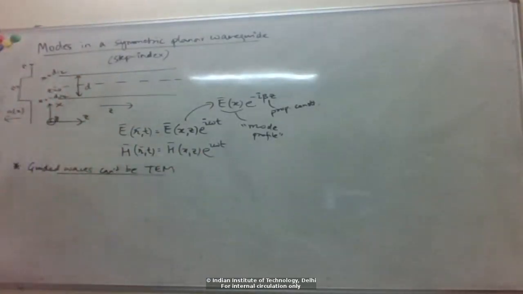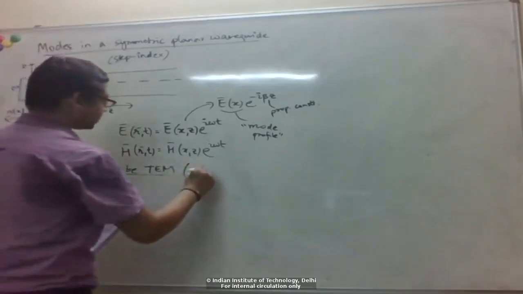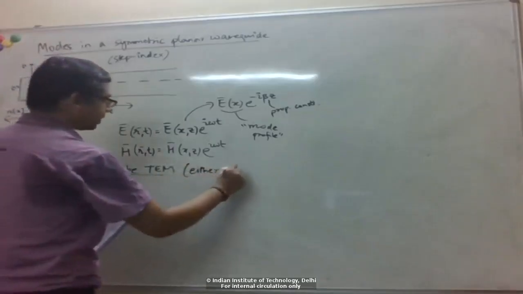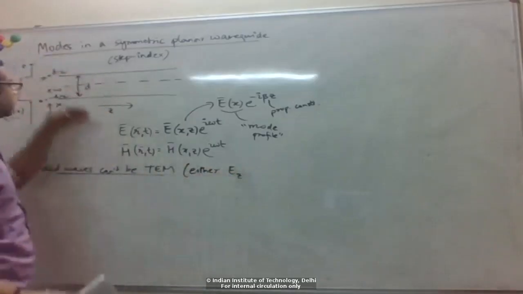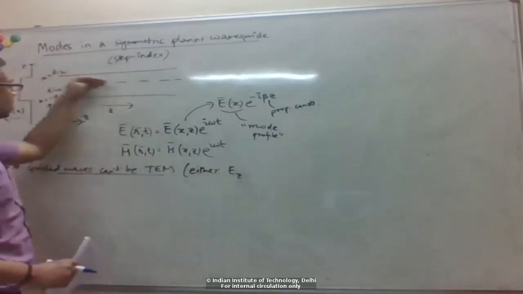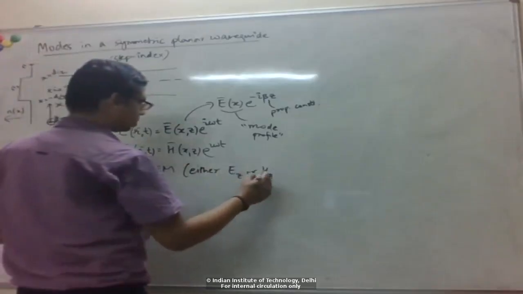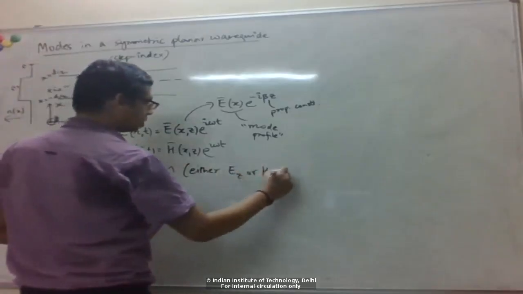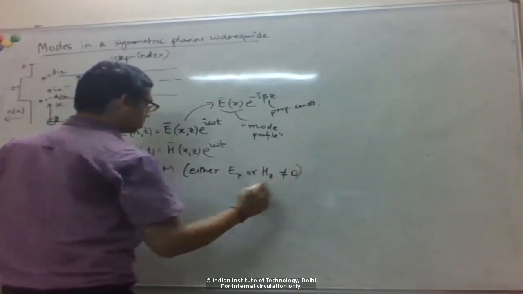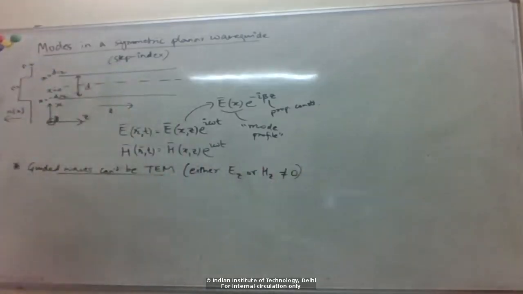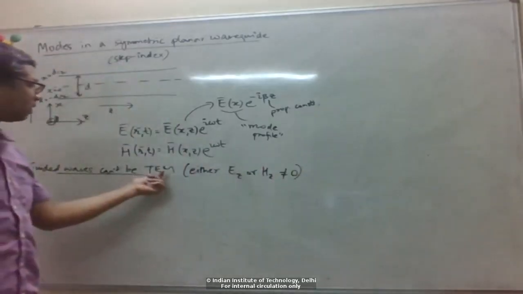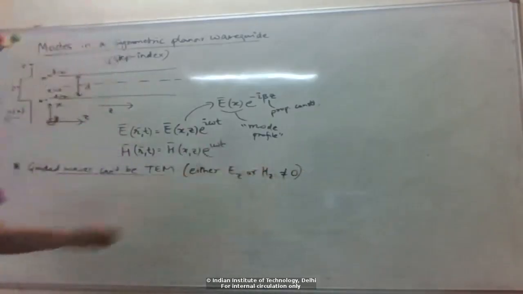Which means that either Ez, where z is the propagation direction, so the electric field along the propagation direction, or the magnetic field, one of these has to be non-zero. For purely TEM waves, both of these are zero. There is no longitudinal component.